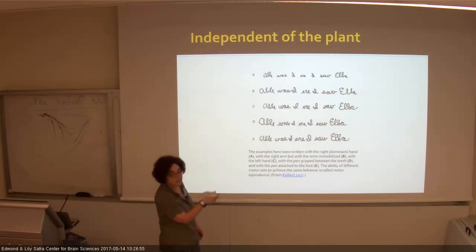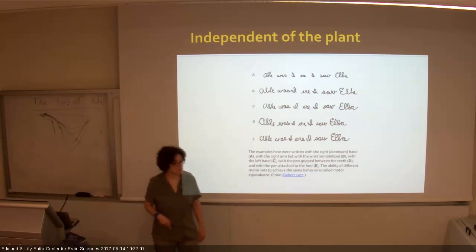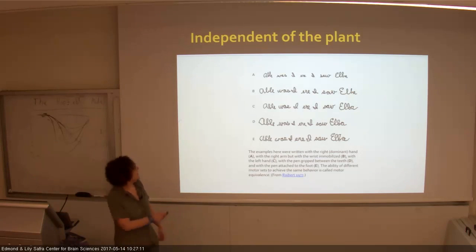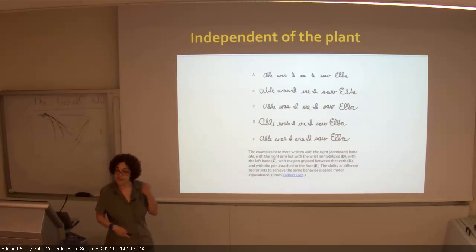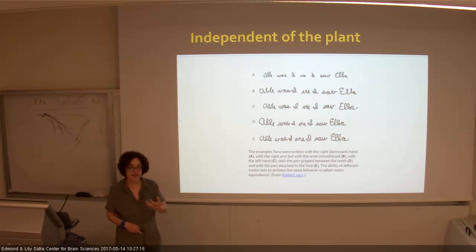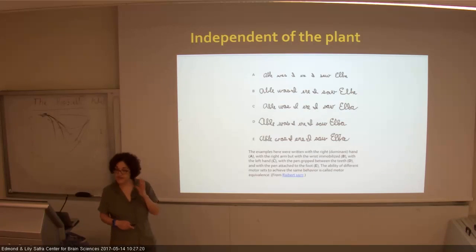It's very similar to your left hand. And this is E, with the pen attached to the foot. That's pretty tough, right? I don't know if there is any training here, but the properties of the writing of the letters, the single letters, are actually very similar.